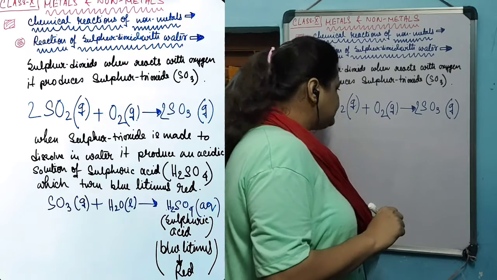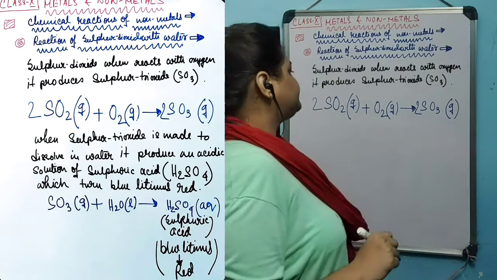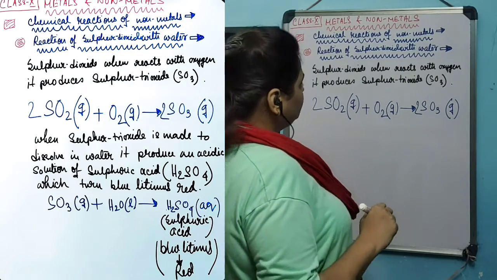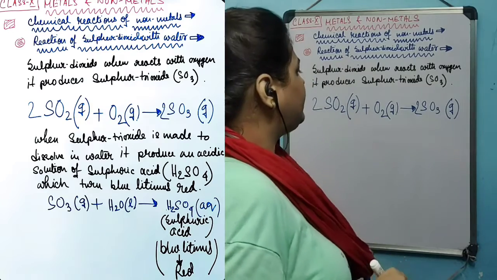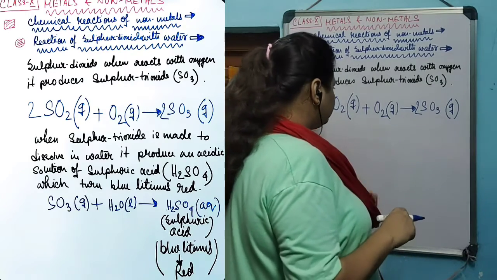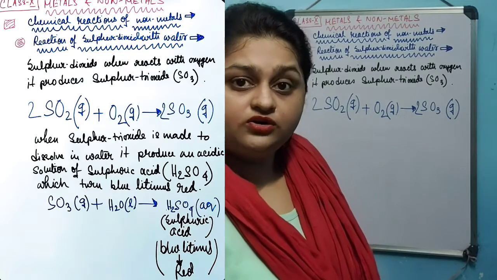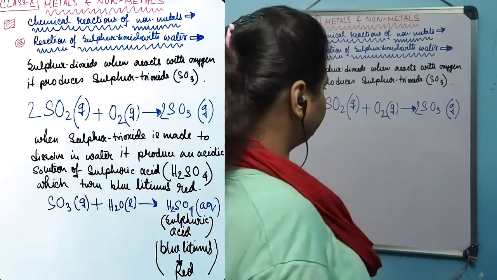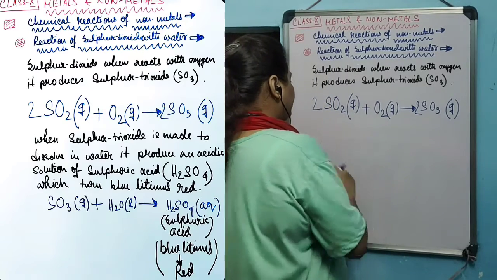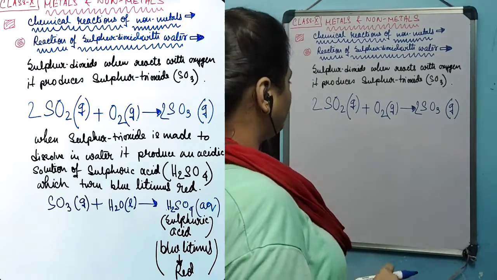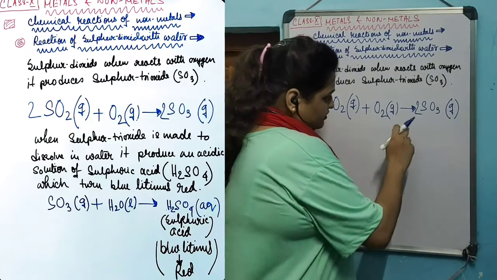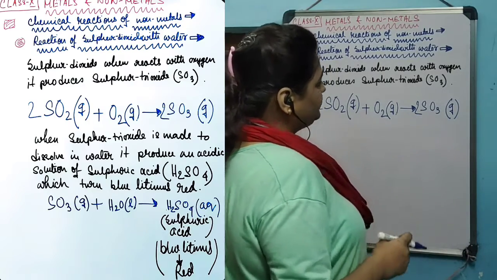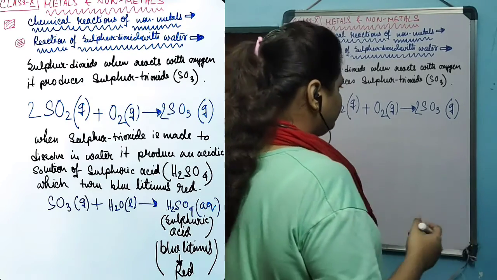That will balance the oxygen on both sides as 6 atoms. By doing so, we are also balancing the sulfur, with 2 atoms on both sides. Hence, this has become the balanced chemical reaction: 2SO2 gaseous plus O2 gaseous, producing 2SO3 in the gaseous form. This is the formation of sulfur trioxide.